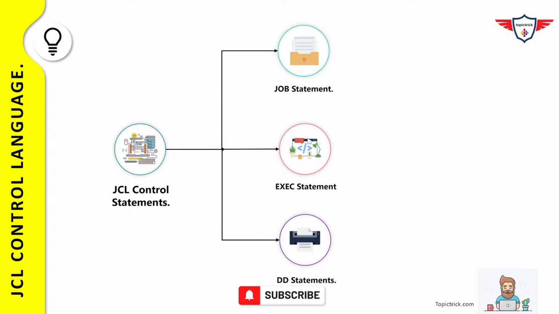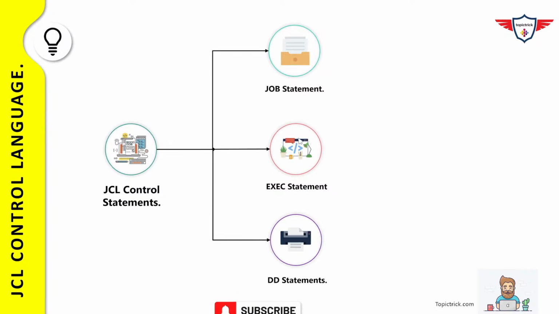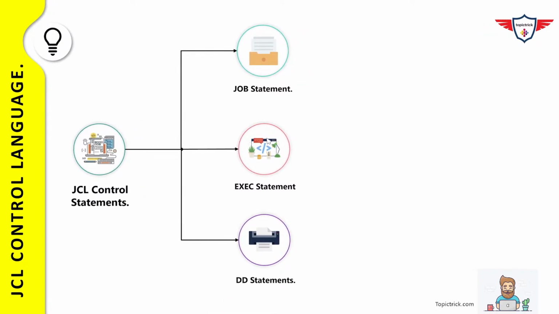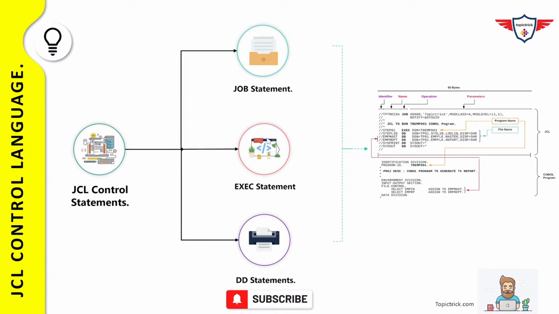and it is used to provide the program name or the proc that you want to execute. And the third statement is the data definition statement, or DD statement. These statements are generally used to provide information related to the input and output datasets. In every job, the control statements are grouped into job steps.